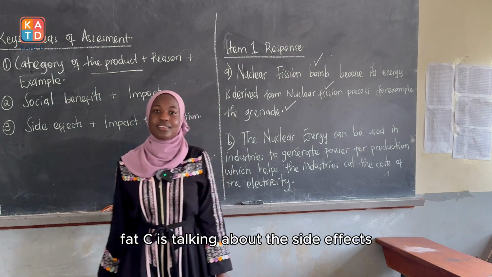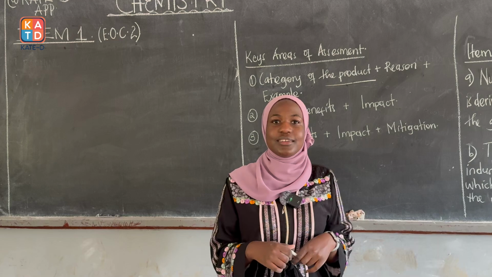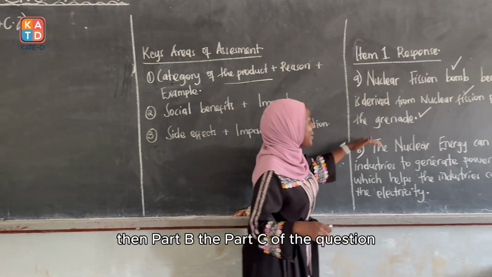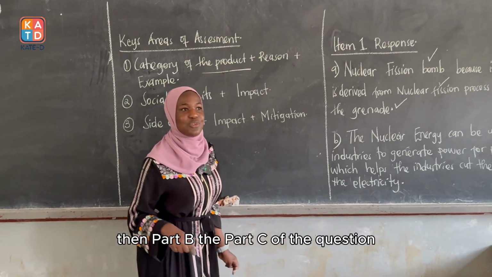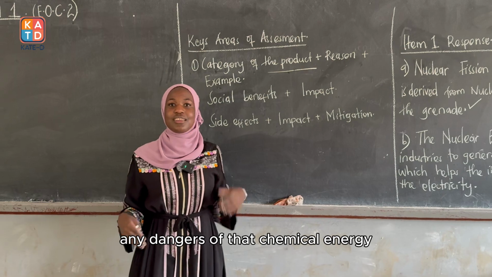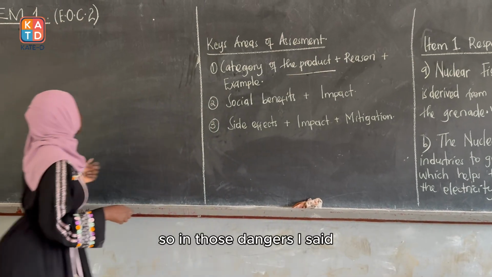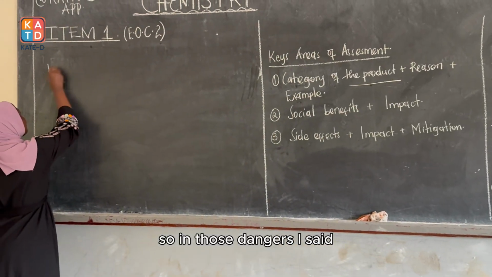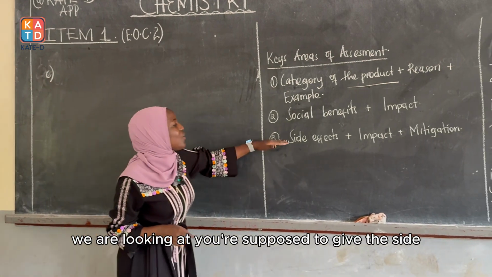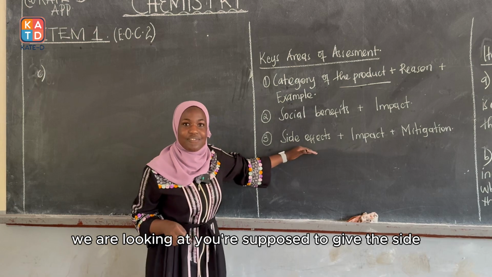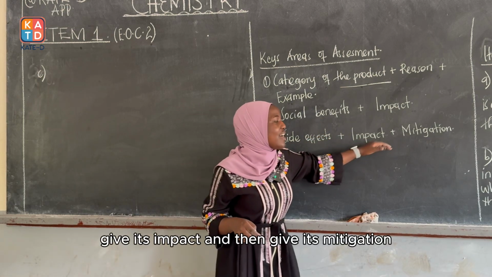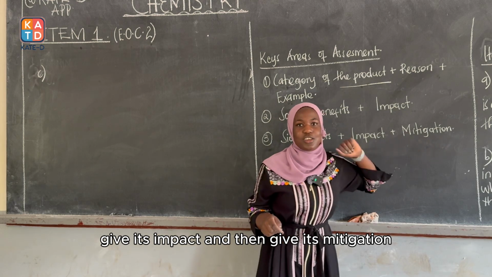is talking about the side effects. So now after looking at part A, then part B, part C of the question was telling us to identify any dangers of that chemical energy that was used in the bomb. So in those dangers, if you've been following very well, you're supposed to give the side effect of that nuclear energy, give its impact, and then give its mitigation.